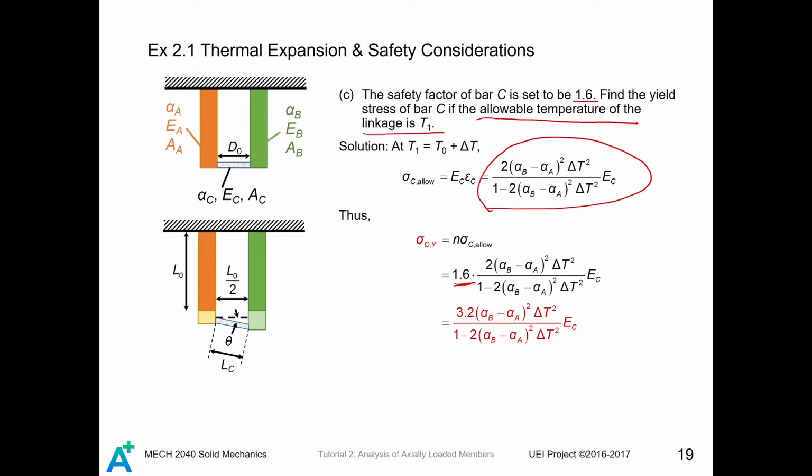The result will become 3.2 (alpha b minus alpha a) squared times delta t squared, divided by 1 minus 2 (alpha b minus alpha a) squared delta t squared, times EC. In the exercise problems, I will try to make those quantities numerical so that you can calculate it yourself.